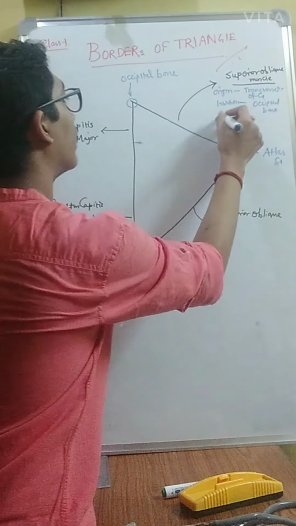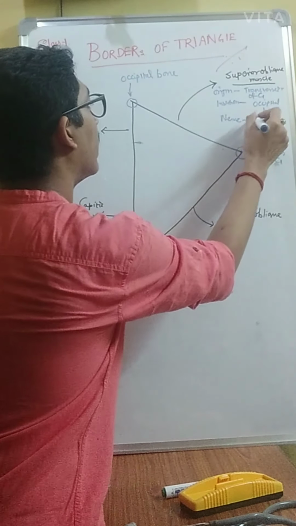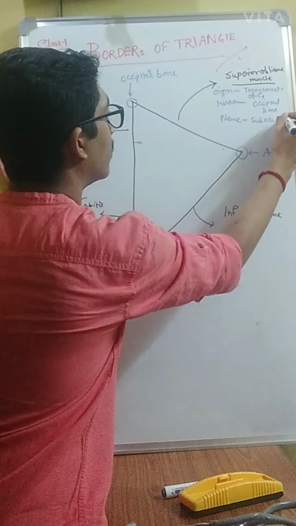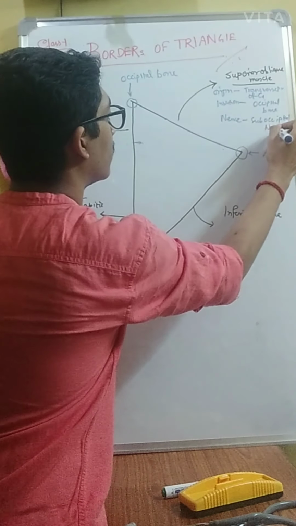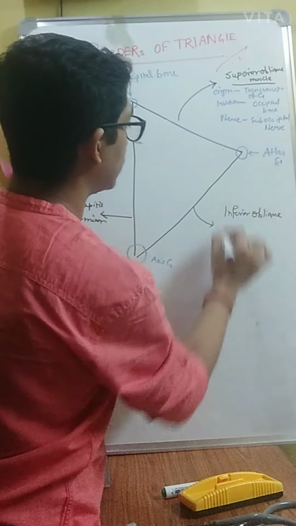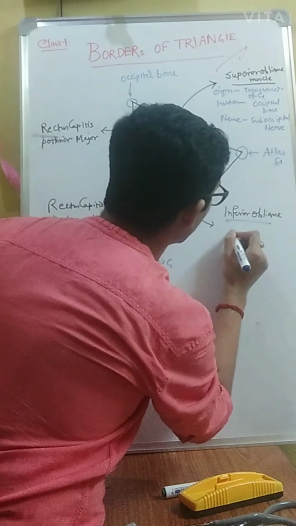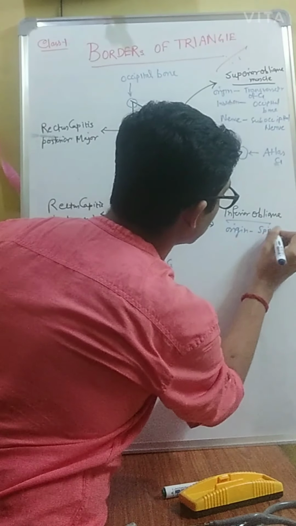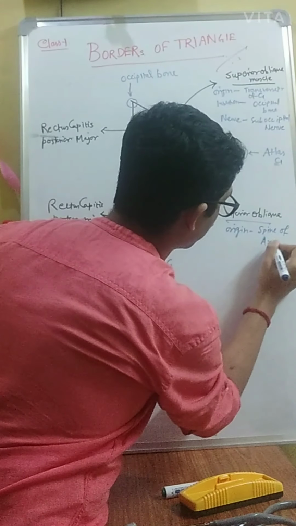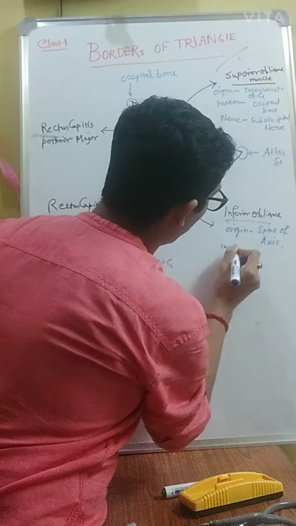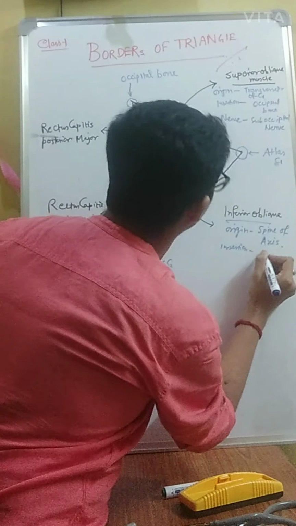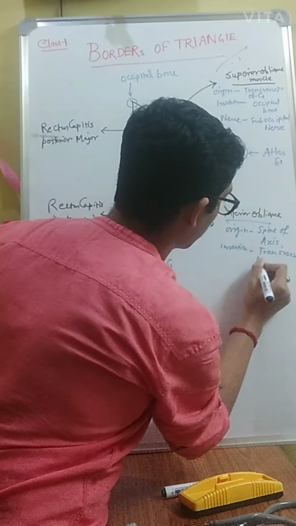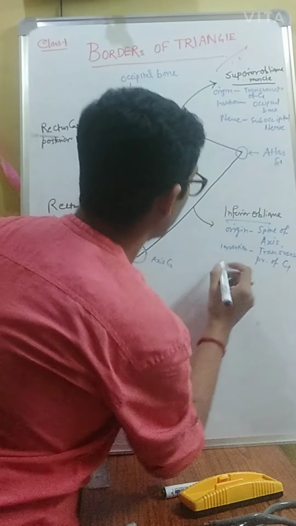The nerve supply of this muscle is the suboccipital nerve. Sorry, and this is the inferior oblique. Its origin will be the spine of axis, and the insertion will be the transverse process of C1.